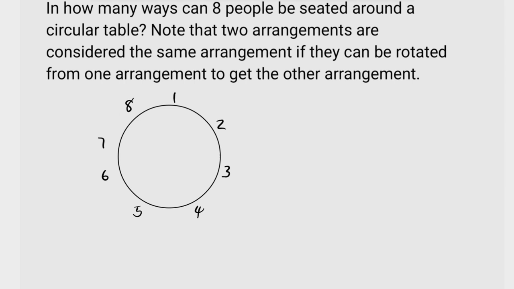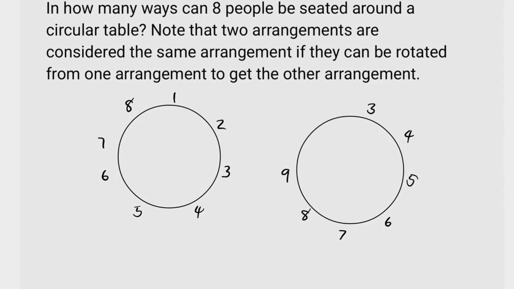So what I meant by that is, let's say we have another arrangement that's person 3, person 4, person 5, person 6, person 7, person 8, person 1, and person 2.